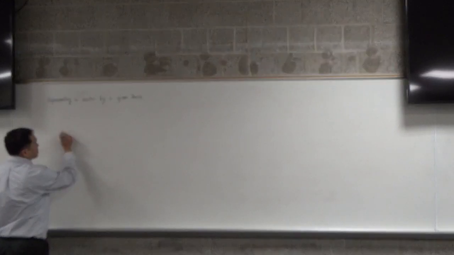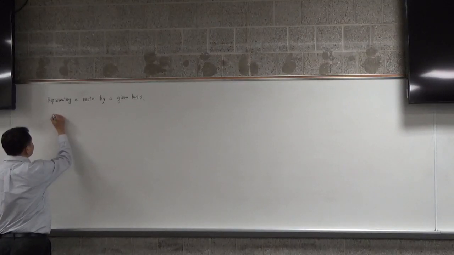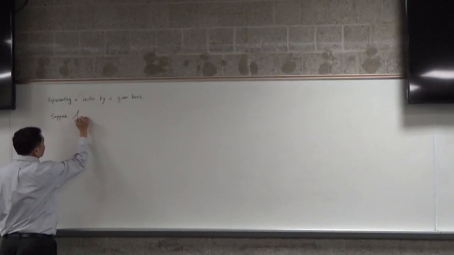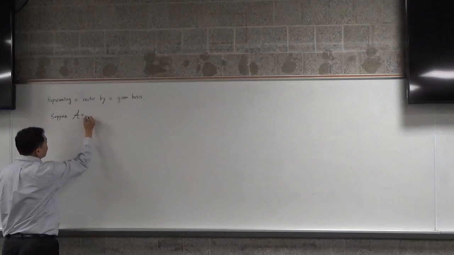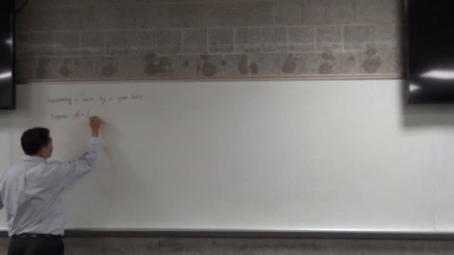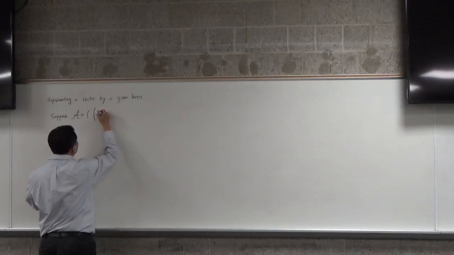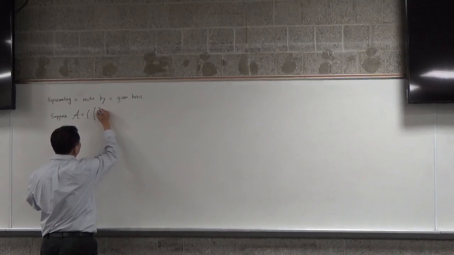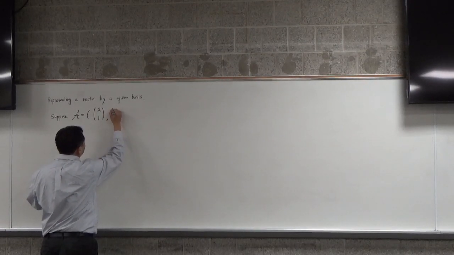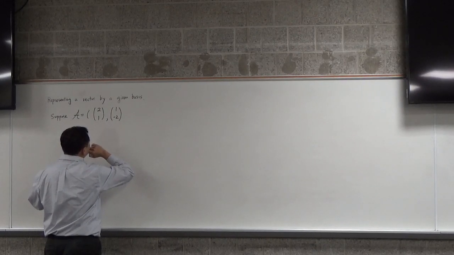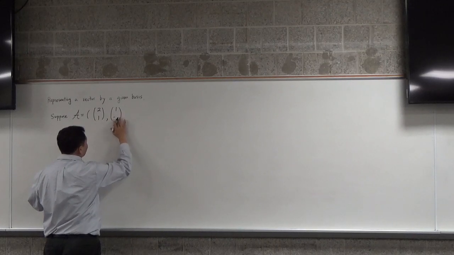So suppose A is a set of vectors, let's say (2, 1) and (1, -2). Is that what I want? Let's put (1, -1), right?